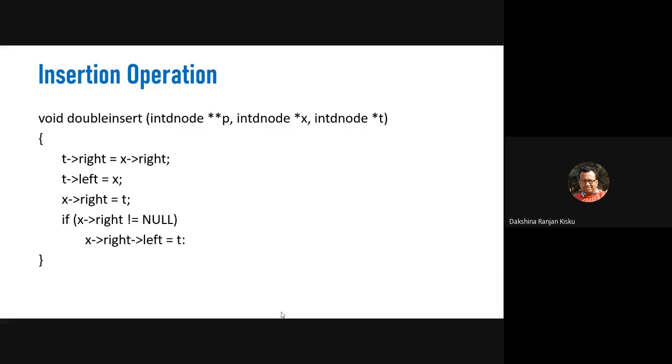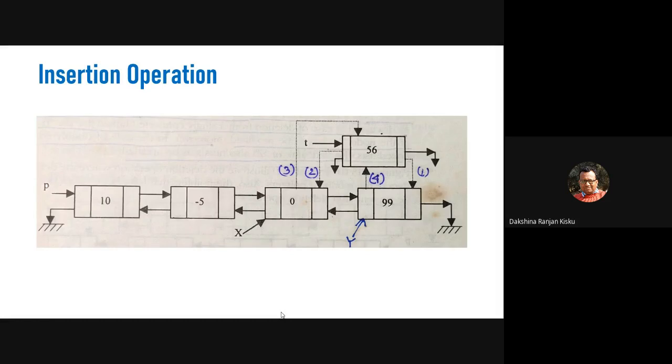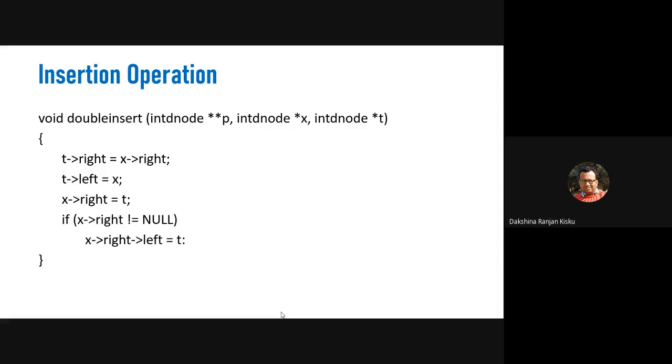If x right is not equal to null, then only we can make x right left equals to t. x right means the link part of the node pointed to by x is now pointing to the last node, and x right left means the left pointer of the last node. So the left pointer of the last node is set to t, so that it will point to the newly inserted node. This is the function definition for the insertion operation.